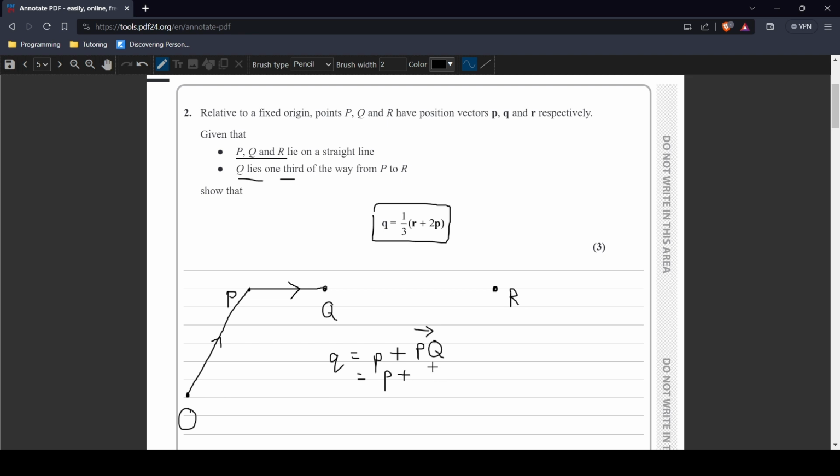Well, PQ is 1/3 of PR, simply because Q is 1/3 of the way along this whole line. But the vector PR is just R minus P. Okay, and then just expanding this out and then factoring out 1/3 again, we will indeed get 1/3 of R plus 2P as required. So that will wrap up today's video on vectors.